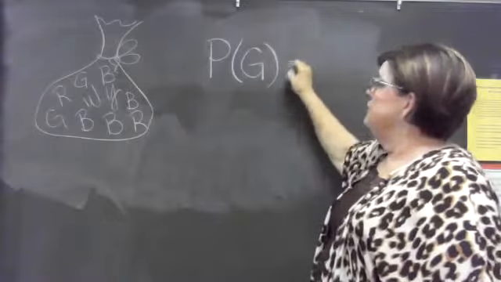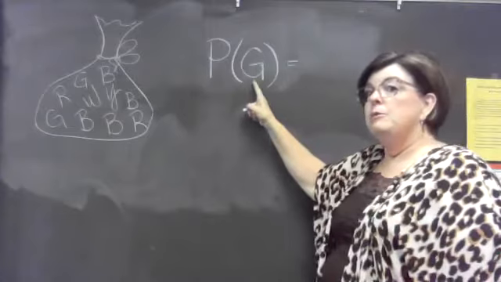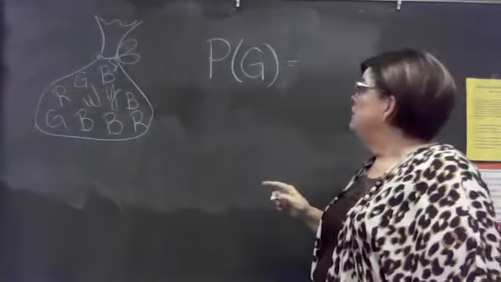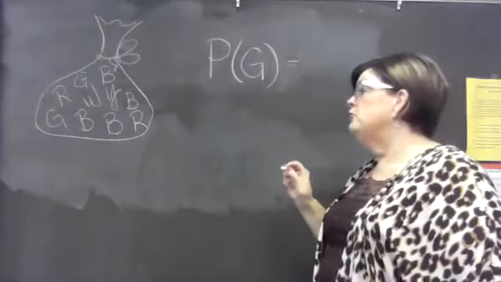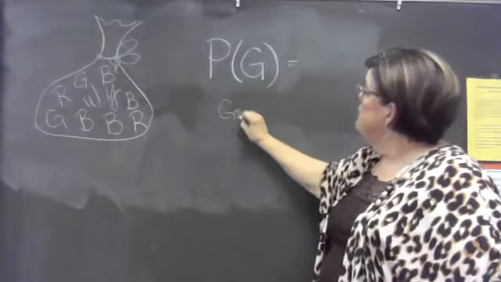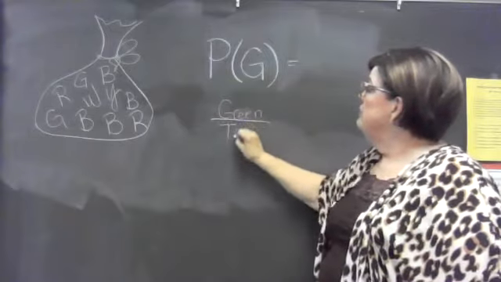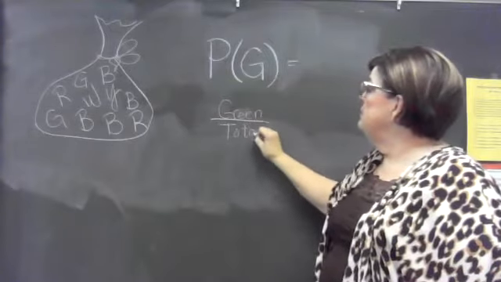Okay, that's what this means. So the way you're going to do it is find how many greens over the total. That's how you're going to find the probability.